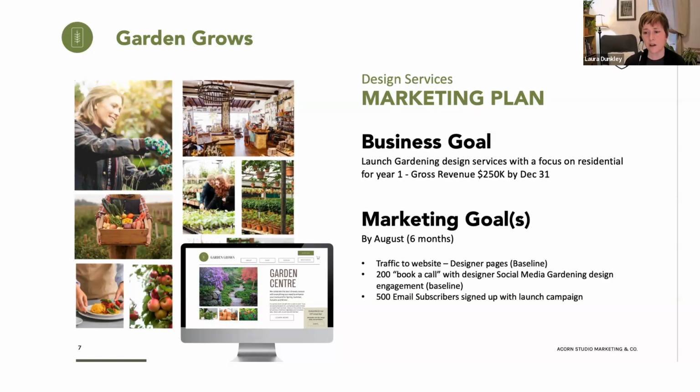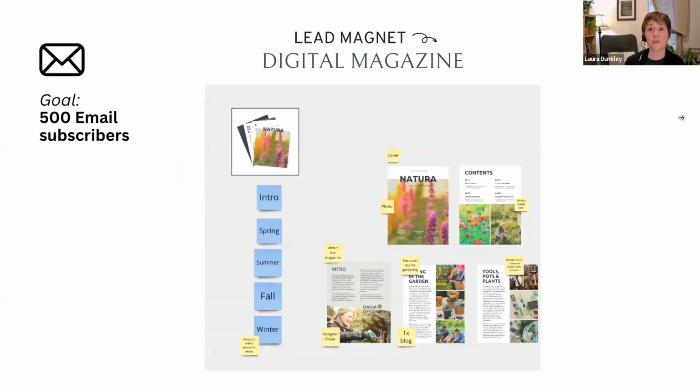They want to get signed up. They also want 200 book a call with a designer. So this lead gen campaign totally makes sense, right? You can actually do both, but for simplicity, we're going to focus on the email subscribers as a start. So we want 500 email subscribers.